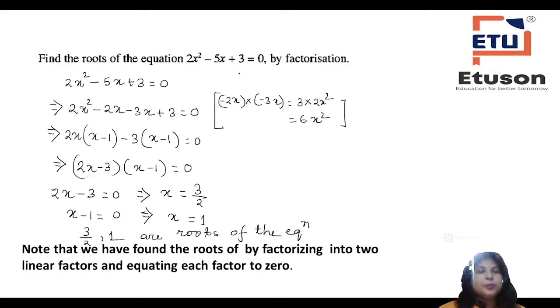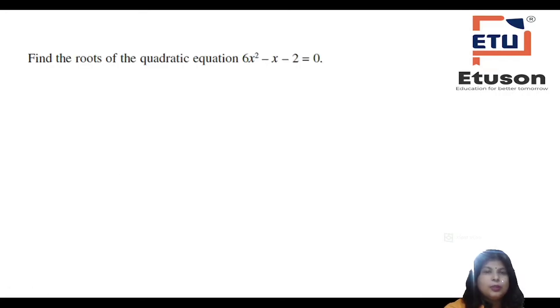So in order to obtain the roots of the equation, you have just equated each linear factor to 0 and you have found out the roots of the quadratic equation. Correct, children? So now let us take one more example.